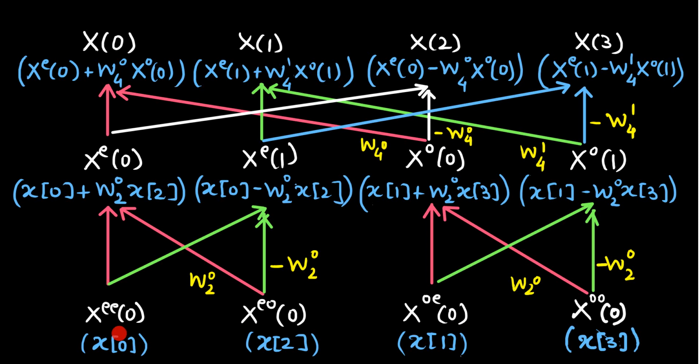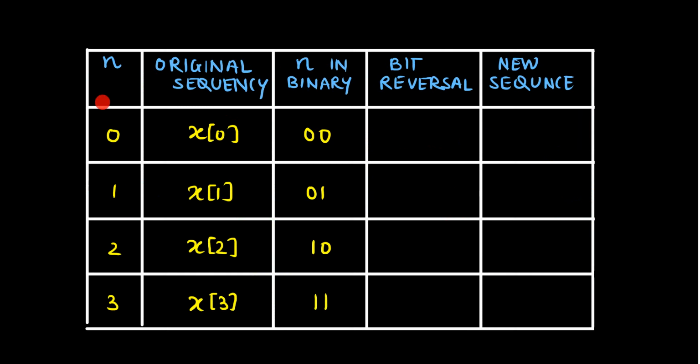Means instead of x of 0, x of 1, x of 2, x of 3, we are considering x of 0, x of 2, x of 1 and x of 3. Now there is some kind of pattern that we are observing here. So let us try to analyze that pattern. So we have the value of n as 0, 1, 2, 3 and the original sequence that we are given.